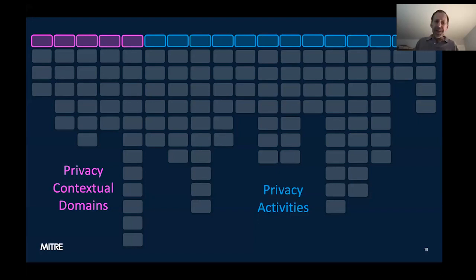That if the context was different in some respects, there are some privacy attacks that might not be considered privacy attacks. And so we basically have these two taxonomies that actually work together.